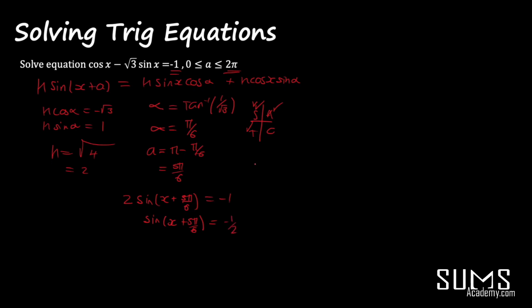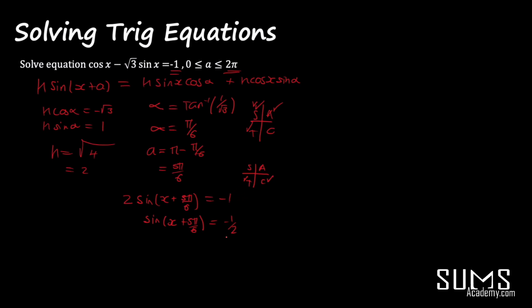Okay, so back to the quadrant again. What quadrants are we going to be working with? Well, this is a negative sine value, so sine is negative in this quadrant and in this quadrant. So what is the sine of 30 degrees? Oh, sorry, sine of 1 over 2. Well, again, it's an exact angle, so it's going to be pi over 6, right?